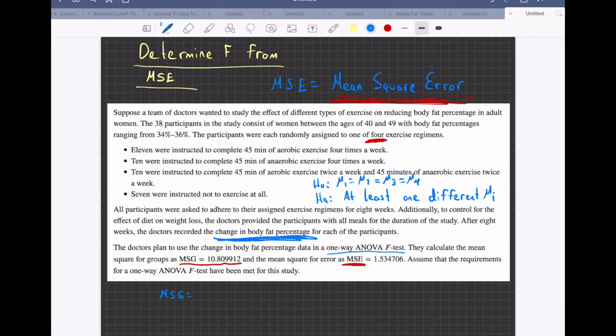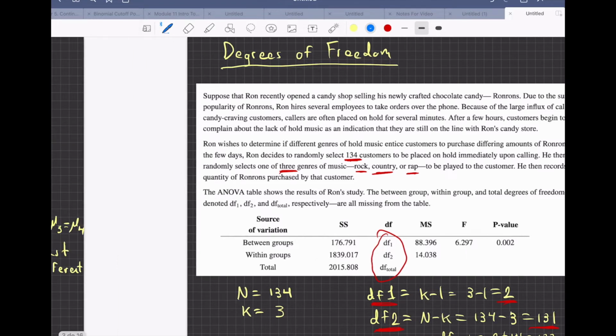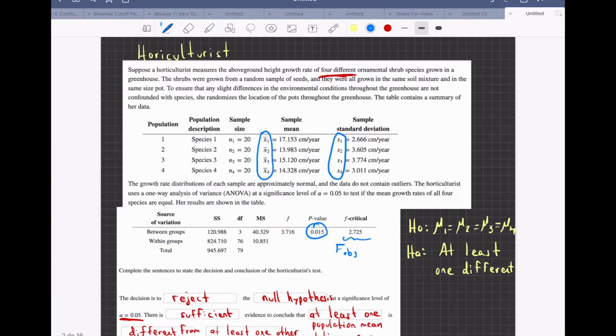MSG, mean square from groups. MSE, mean square from error. For example, in the first case we saw here, that information was provided here.